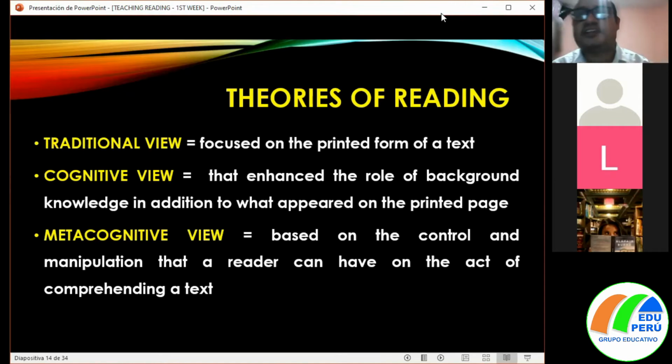Oh, and I like this part because it's interesting. Oh, I didn't like that part because it was boring. So the reader is controlling. Next time I'm going to use this strategy, or this technique. So here, the reader is controlling, is manipulating, because he's analyzing how he is understanding, not the process of reading, but the act of comprehending a text. So we have here these three theories of reading.